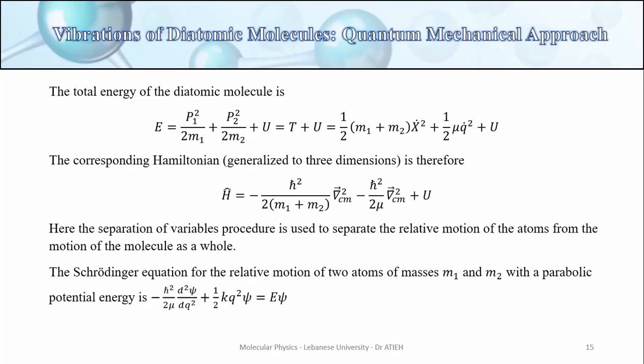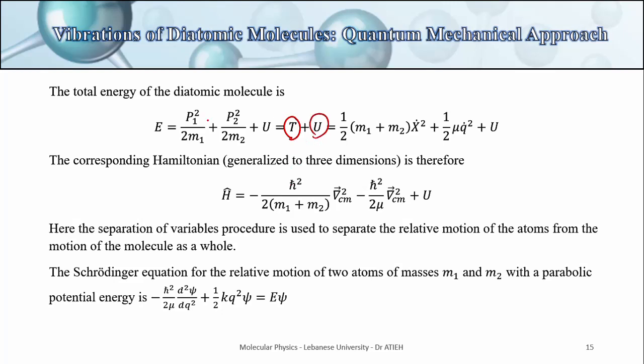Now we are going to treat the vibrations of a diatomic molecule quantum mechanically. To do that, we're going to write the total energy of a diatomic molecule and its corresponding Hamiltonian to be able to find its eigenvalues and eigenvectors. The total energy of the diatomic molecule is the sum of its kinetic energy and potential energy.